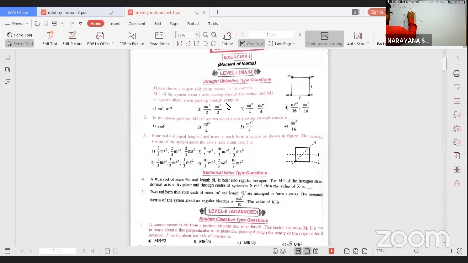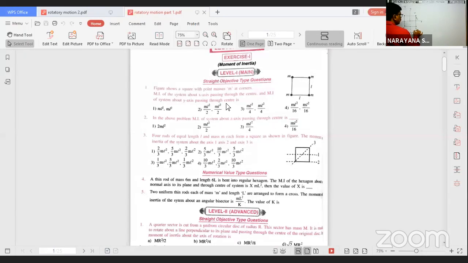About this axis or about that axis, as the particles are symmetric, the moment of inertia is the same. About this axis, it is mass into distance square for each particle. As it is the bisector, these distances are the same. For one particle, the side is L, that's why this distance is equal to L by 2.